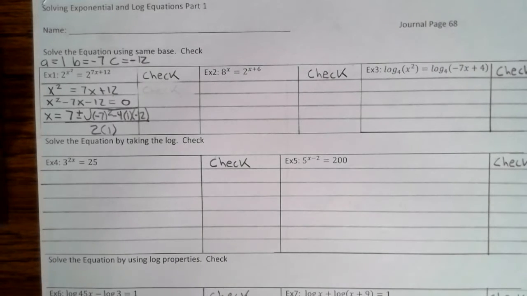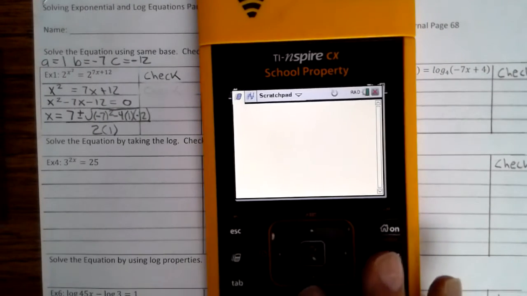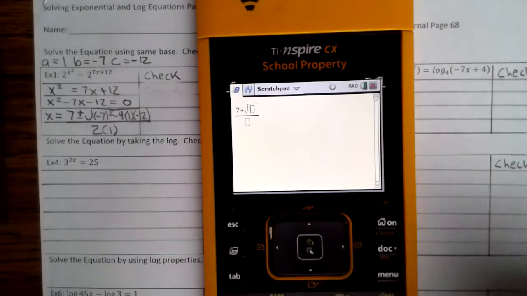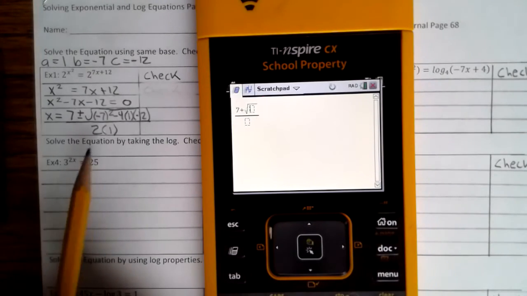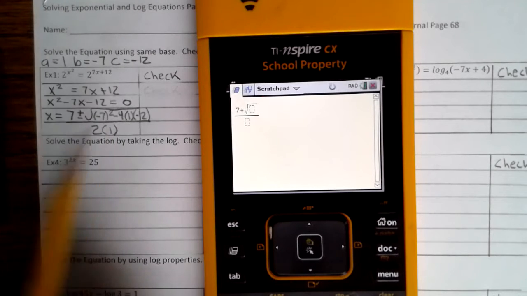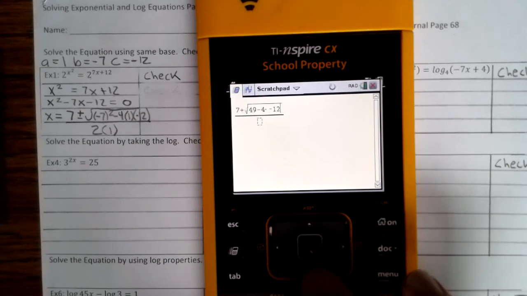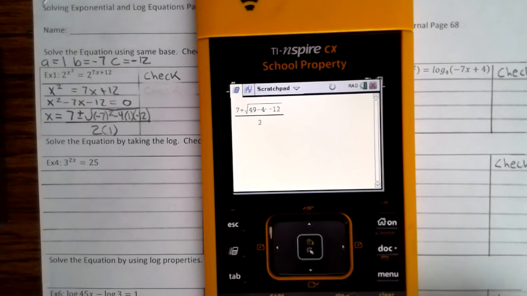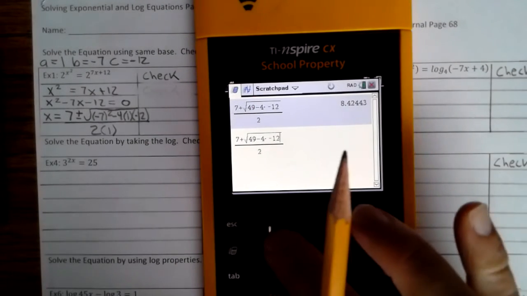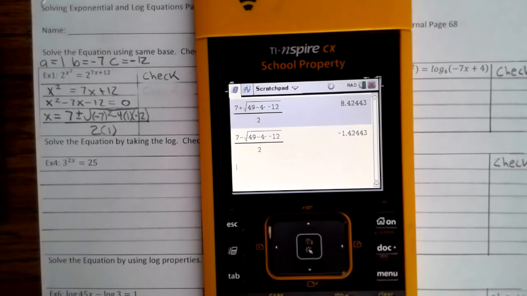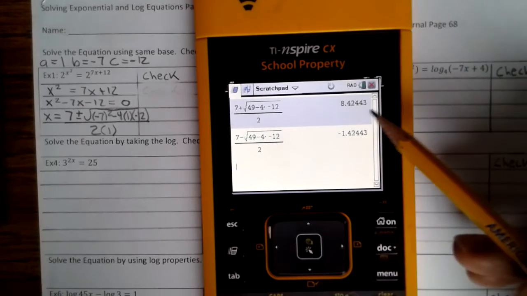Now since we've run out of space, we can just use our calculator. So we're going to do control divide, 7 plus control square root. We can shortcut this in that negative 7 squared is 49, so that's 49 minus 4 times negative 12, divided by 2 times 1 is 2. Press enter. Now we're going to round that to 1 decimal place, and highlight enter and find another number. So we're saying that x equals 8.4 and x equals negative 1.4.